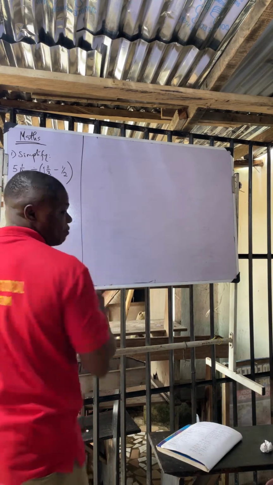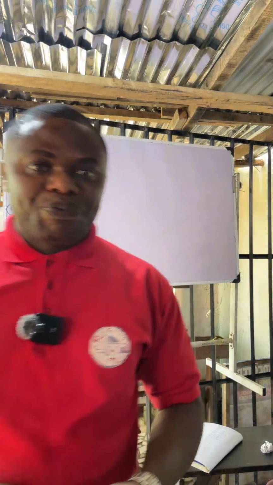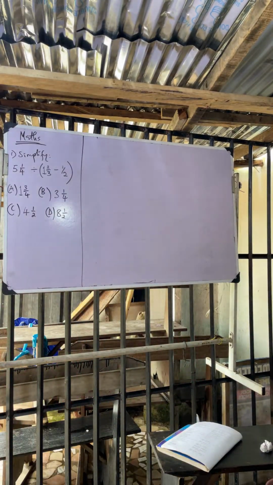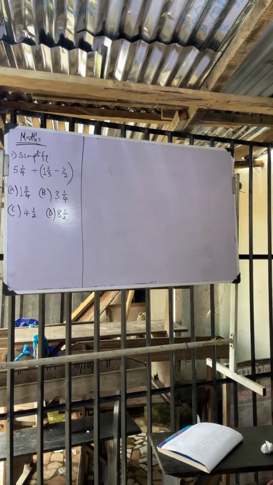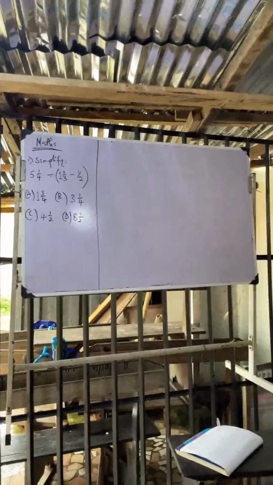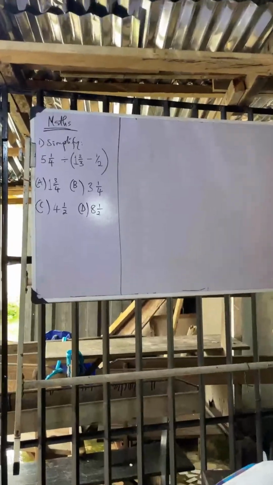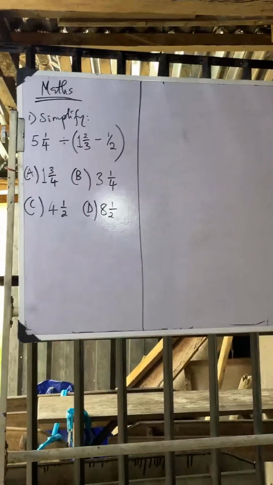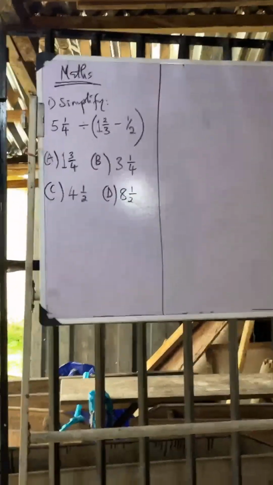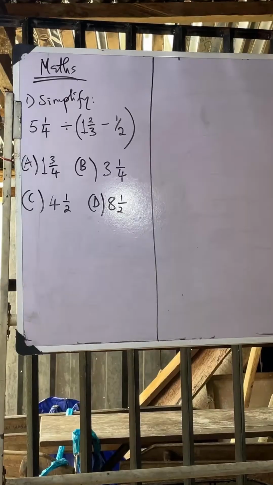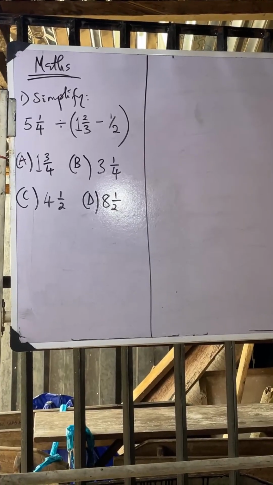I just want to know whether you are still on point. We have solved as many questions. We introduced this topic, and we have also solved as many questions as possible. So I want to know if we are actually on point in terms of this. I want you to give your best and solve.